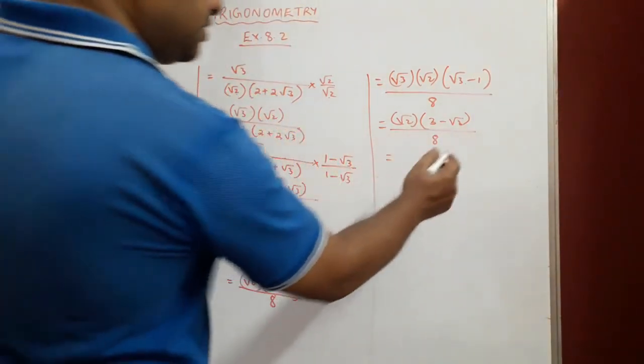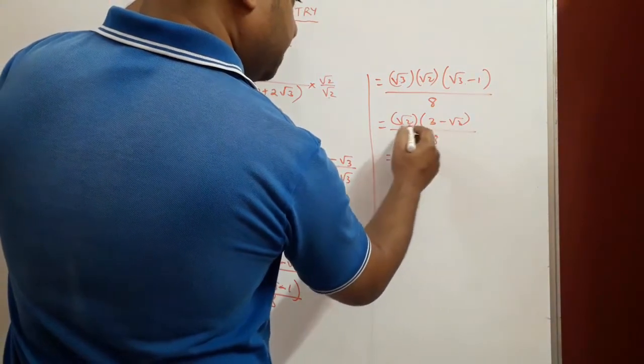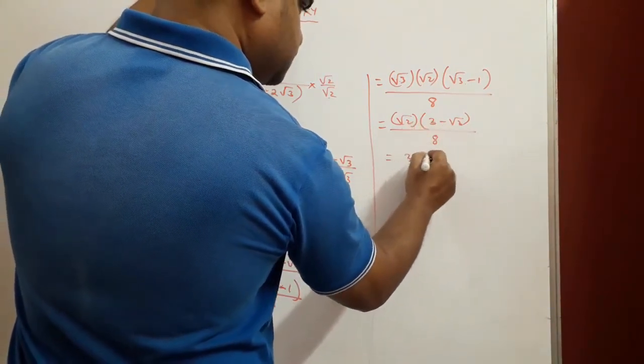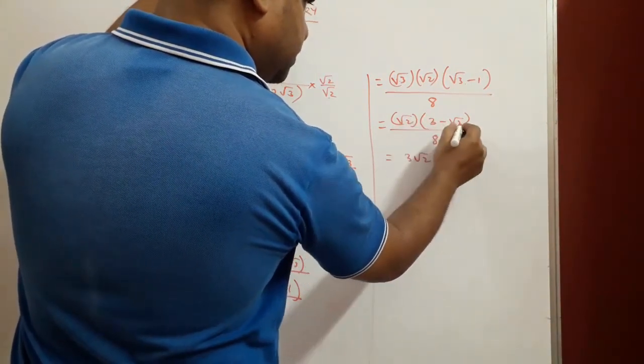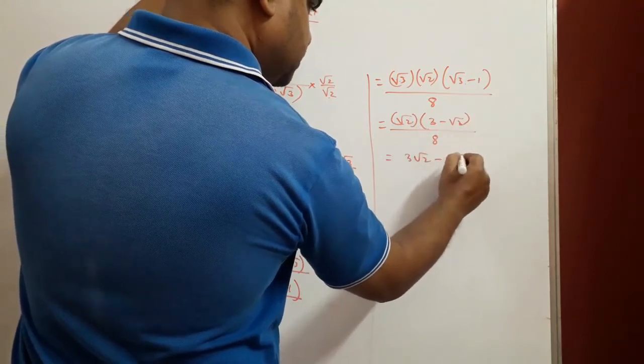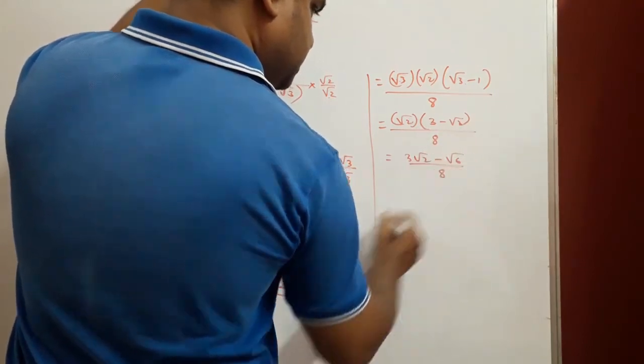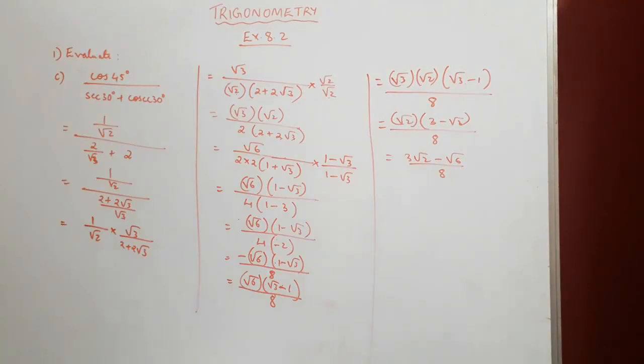Now if we simplify further, it will become 3 into root 2. Root 2 into minus root 3 will give us minus root 6 upon 8. So that is our final answer. Okay. So that is how we solve this problem.